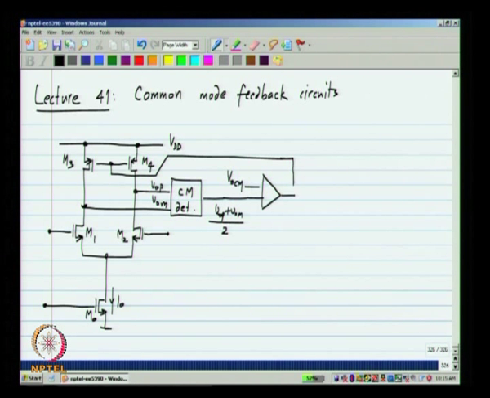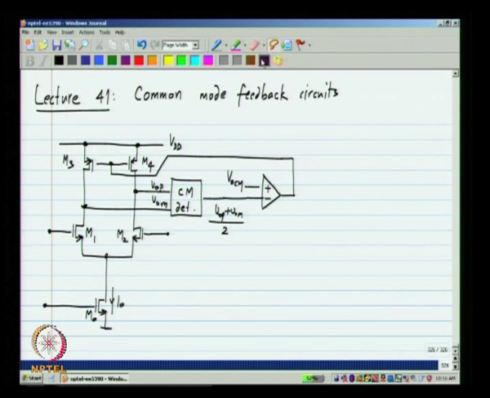It is a classic negative feedback circuit. Now, in this particular circuit, because increasing the gate voltage reduces the output common mode voltage (VOP plus VOM) by 2, the signs have to be set accordingly for this particular op amp.